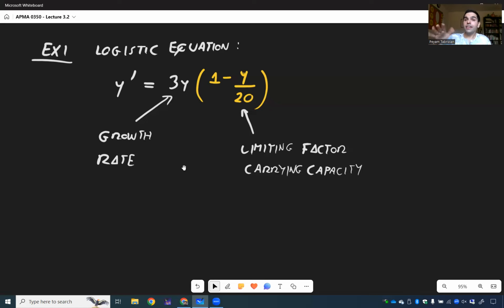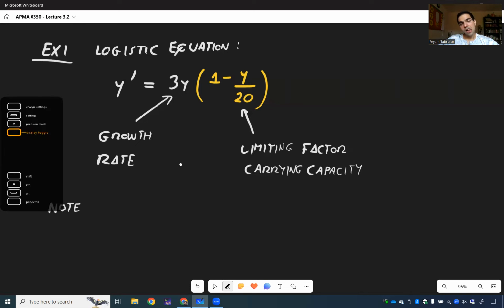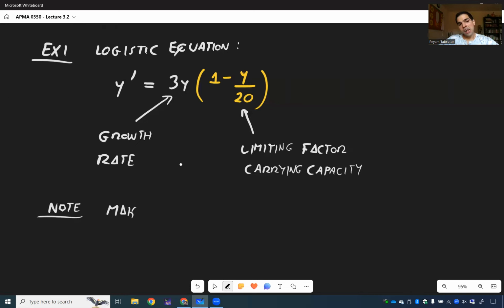And by the way, intuitively, this equation makes sense. Why?